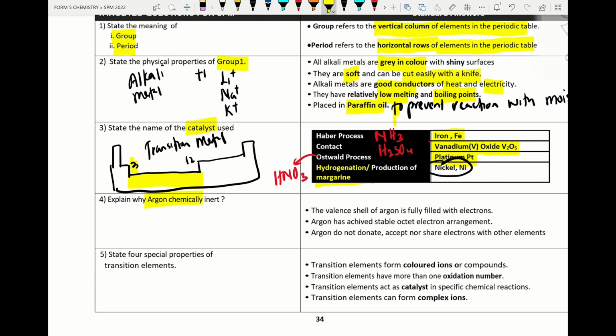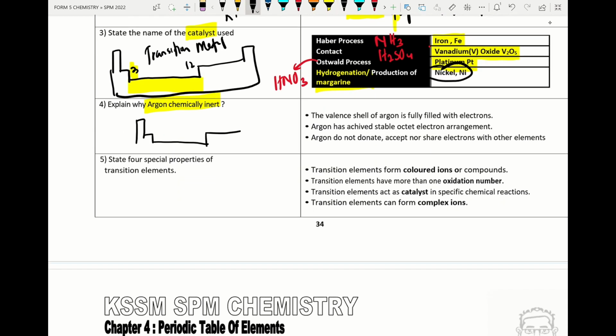Alright, so next, why is argon chemically inert? So when we check the periodic table under group 18, group 18 elements are known as inert gases, and these elements always exist as monoatomic gases. And please remember all these group 18 elements have achieved stable duplet and octet electron arrangement. The element at the first position has a duplet, the other elements all have achieved stable octet electron arrangement.